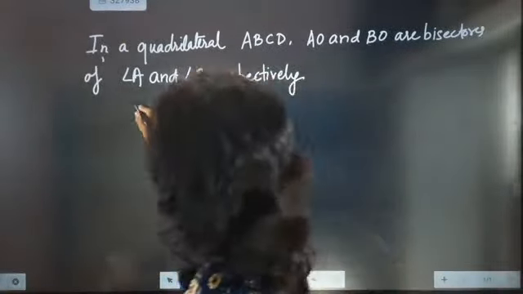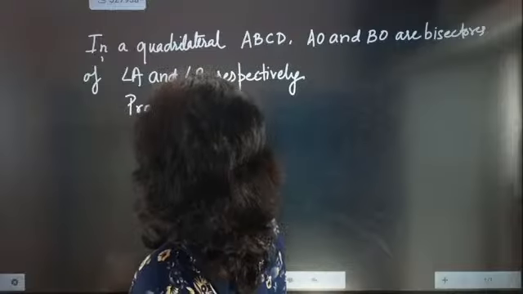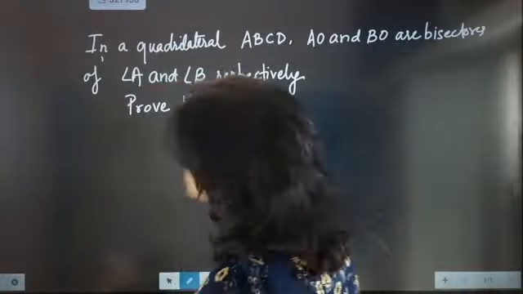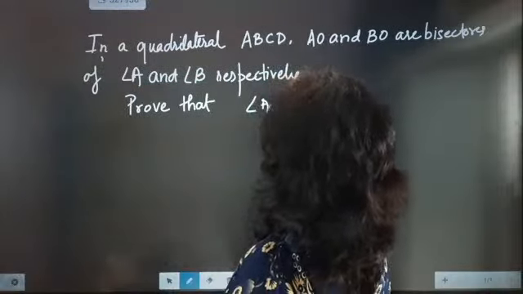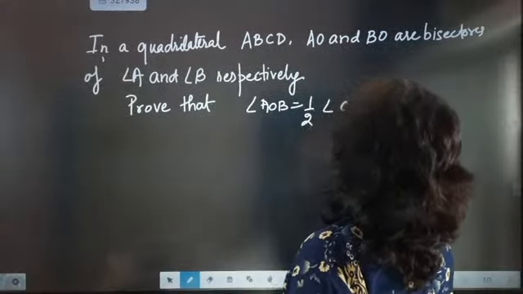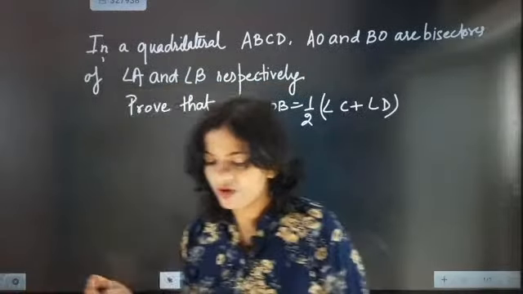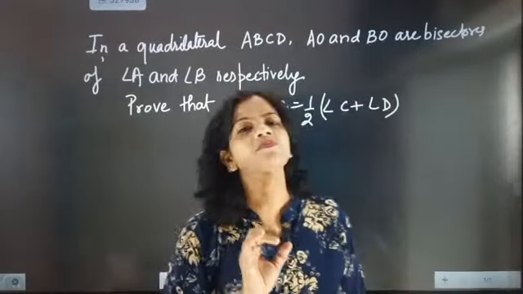Prove that angle AOB will be half of angle C plus angle D. This is what you have to prove. Angle AOB will be exactly equal to half of angle C plus angle D.